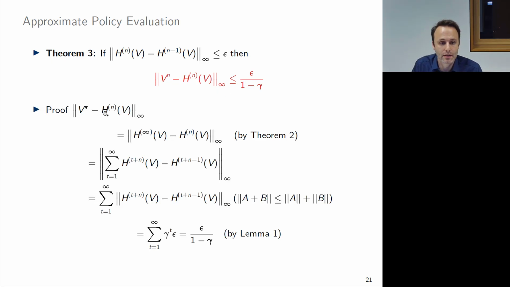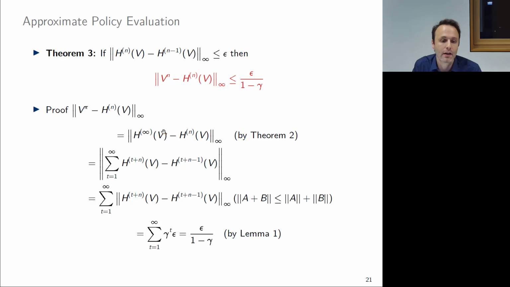And the proof is that we take the left-hand side here, and we know that the true value is the policy evaluation operator applied infinitely many times at any estimate v. So we have the distance between that and the one where we stop at iteration n.